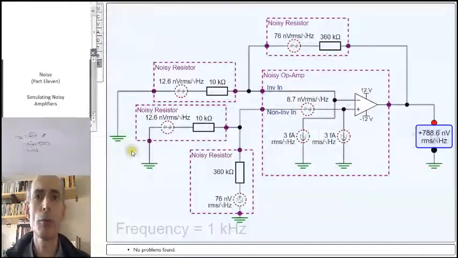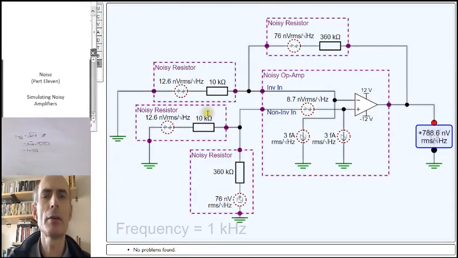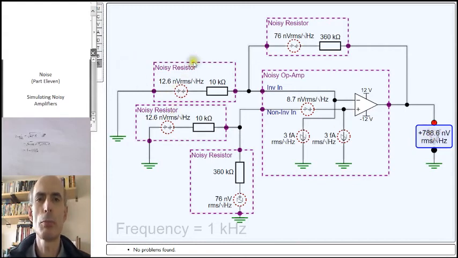I should point out, if you haven't already noticed, that if the largest contributions to the output noise are these two input resistors here, and we wanted to have a gain of 36 for our differential op-amp, then we could get a substantially smaller output noise if we just drop the value of all the resistors by a factor of 10.